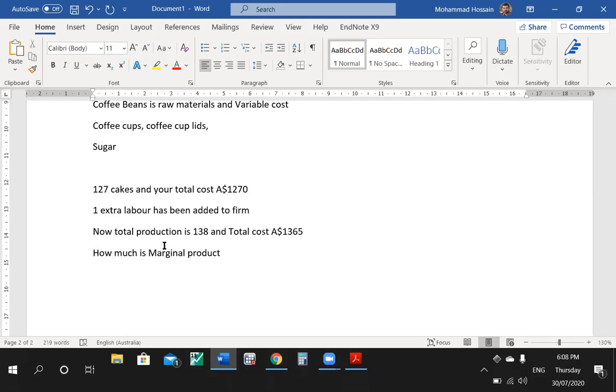Marginal product means when you add one extra input, how much extra is he producing? Extra production is 138 minus 127, which is 11. 11 cakes is the marginal product.